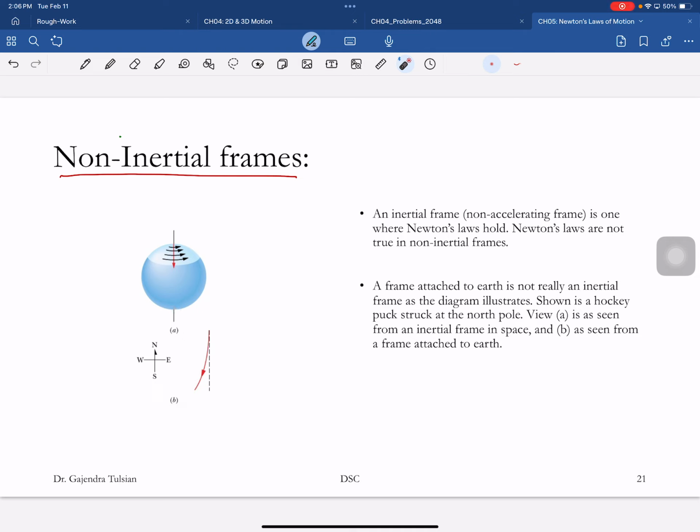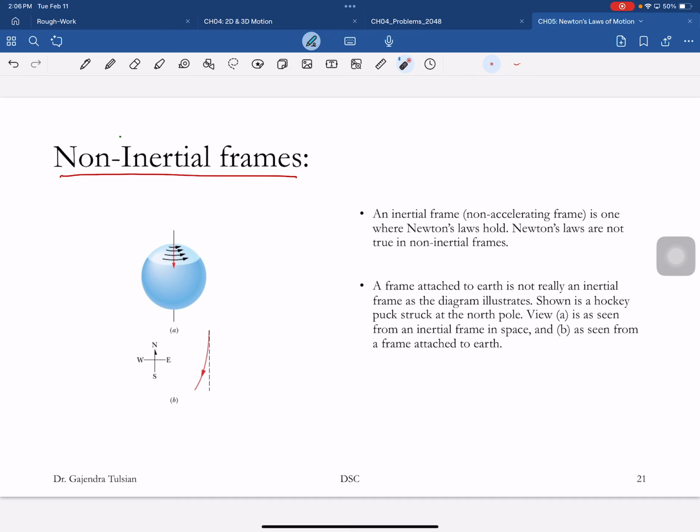But if you're standing on the Earth, what happens? The Earth rotates, and the puck seems to go in that direction, because the Earth spun under the puck.